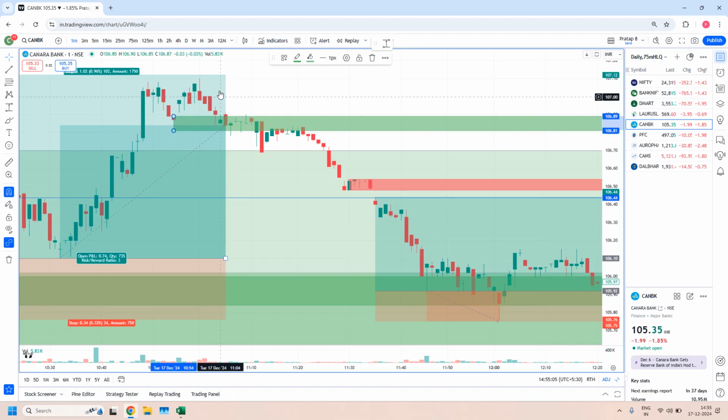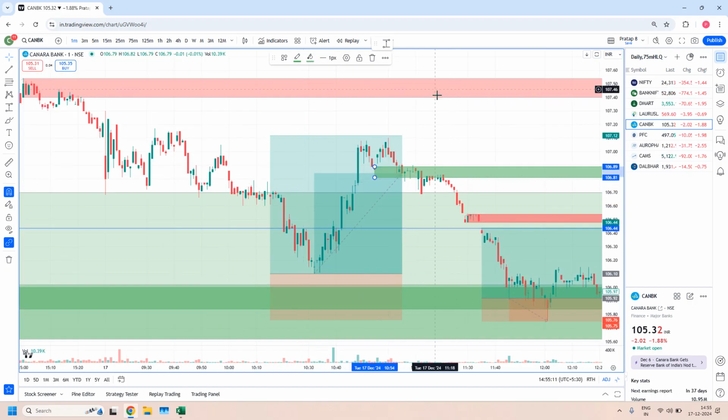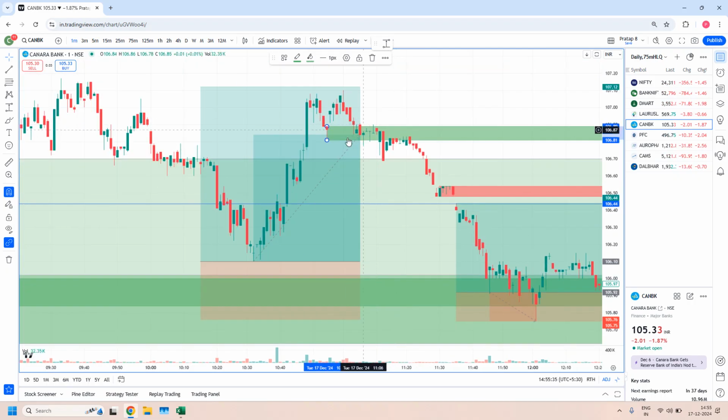This is for those who did not book the profit at 1:3 RR, but aim for reaching the 15 minutes target zone, because most of our HLQ zone targets will reach the 15 minute zones, but sometimes they will fail. Maybe today is a very bearish day. Maybe that could be one of the reasons why supply is very strong and unable to push up to the 15 minutes target zone. There could be different reasons. But still you book the profit.